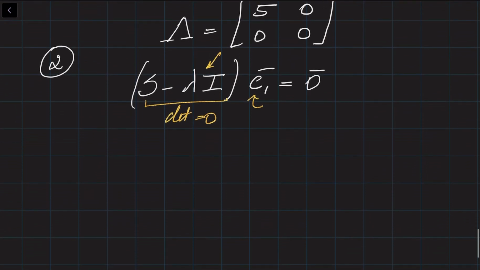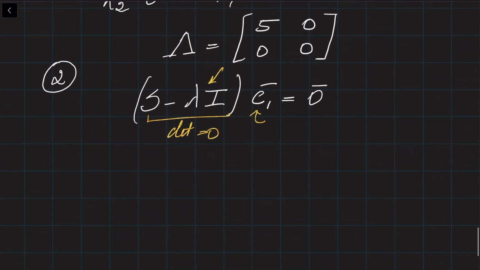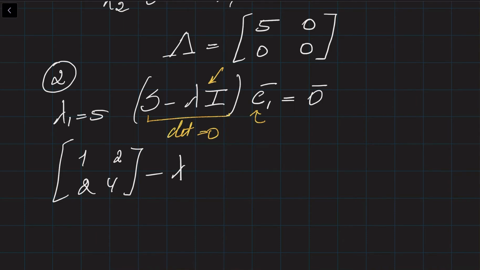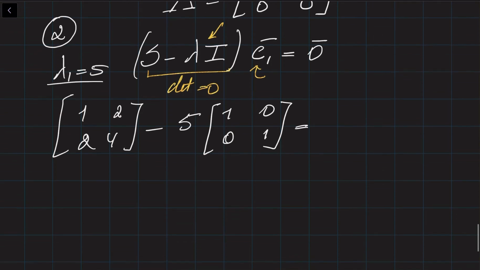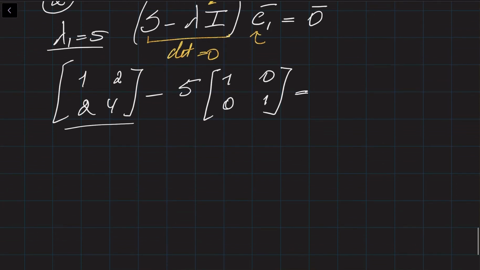So let's first of all find S1. The S matrix, if you remember, was 1, 2, 2, 4 minus lambda 1 times the identity, which is 1, 0, 0, 1. I'm going to do this for lambda 1, which is equal to 5. Let me substitute lambda 1 equal to 5 immediately. It means that we need to subtract 5 from the diagonal entries of this matrix, which gives minus 4, 2, 2, minus 1.